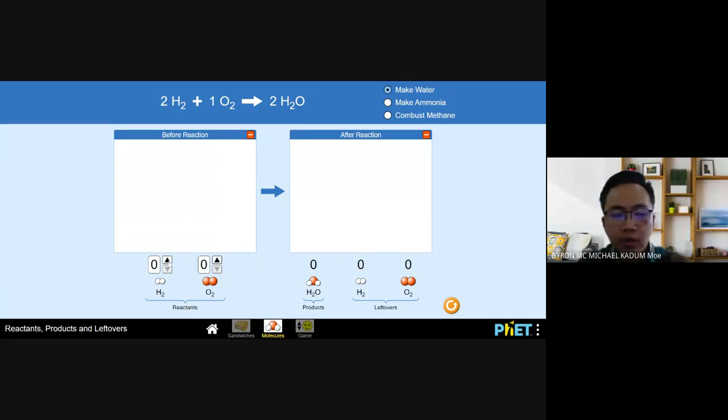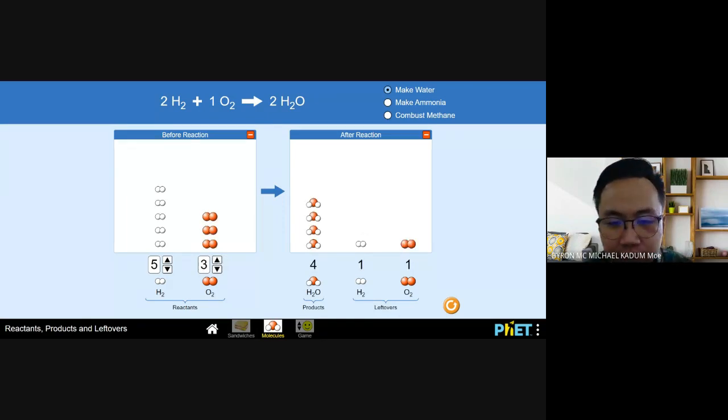So let's say before the reaction, we have 5 mole of hydrogen gas, 1, 2, 3, 4, 5. And then we have 3 moles of oxygen gas. Okay, so when you do this simulation over here, you can see that you're going to have 4 hydrogen gas, and then you have excess reactant right over here.